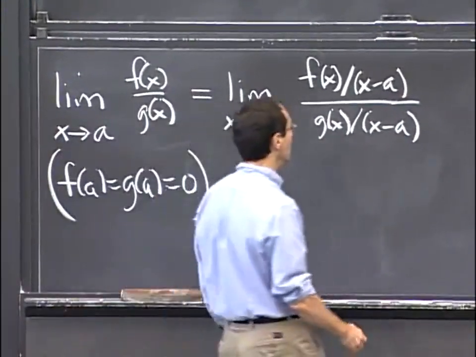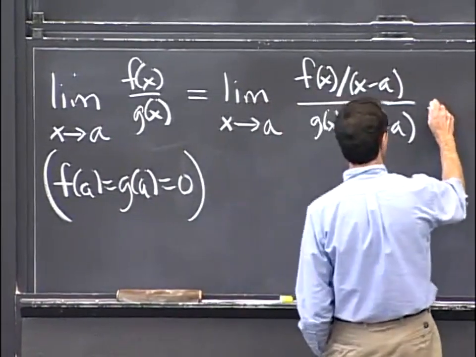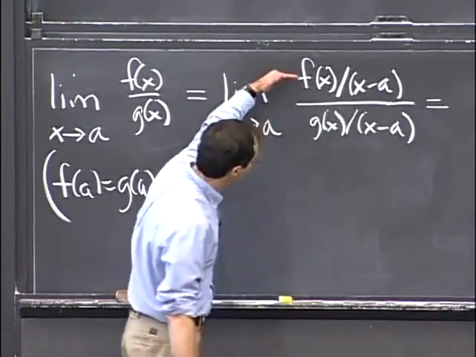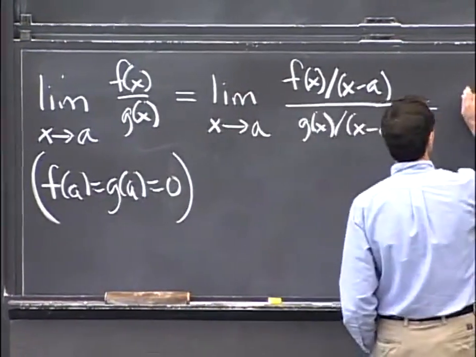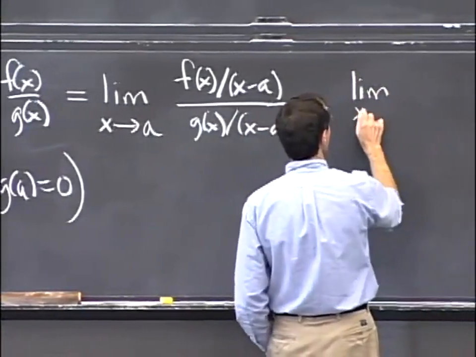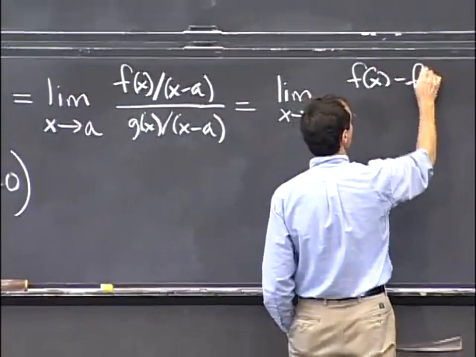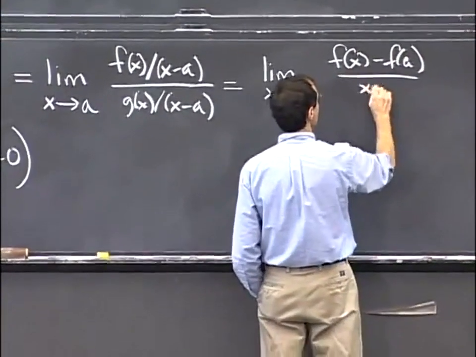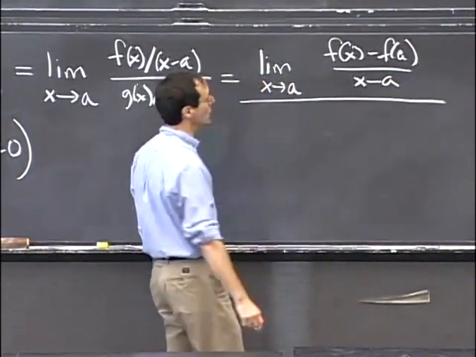And now I'm going to write it in this suggestive form. Namely, I'm going to take separately the limit in the numerator and the denominator, and I'm going to make one more shift. So I'm going to take the limit as x goes to a in the numerator, but I'm going to write it as f of x minus f of a divided by x minus a.